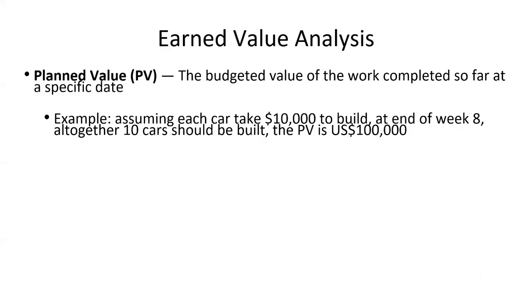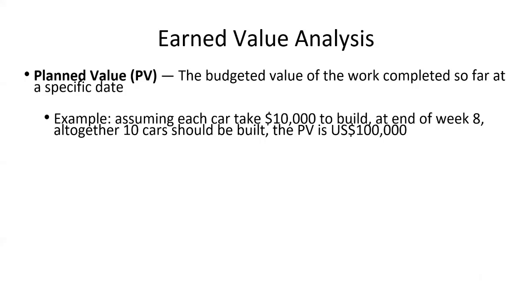Now, there are a few key terms that you need to remember while doing earned value analysis. The first one being the planned value. The planned value is nothing but the budgeted value, the value of the work that has to be completed at that particular date.